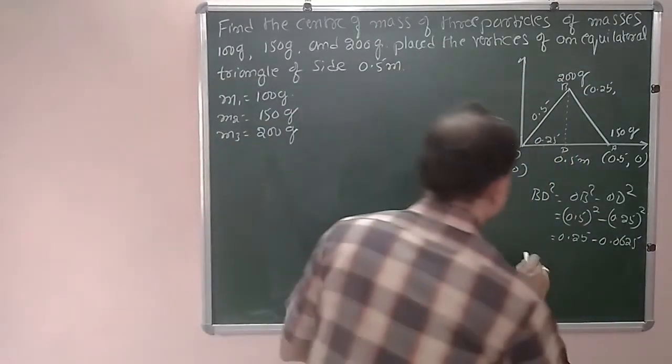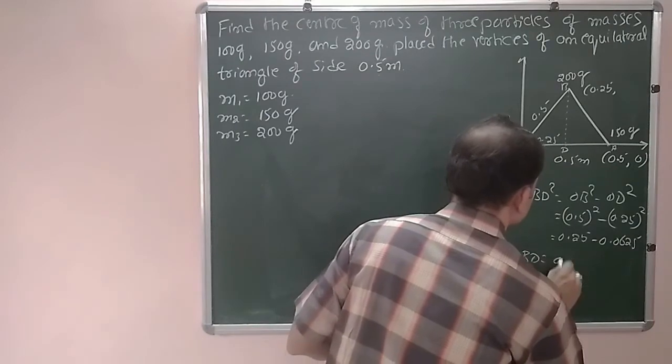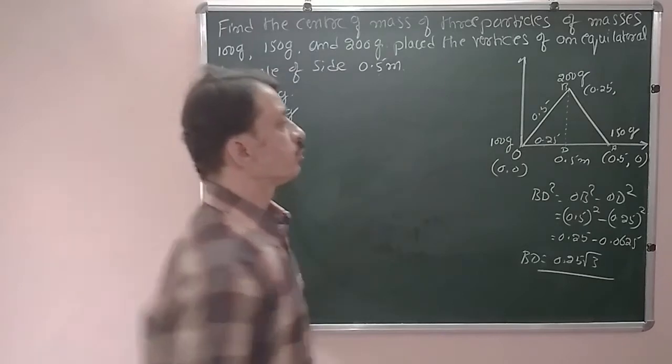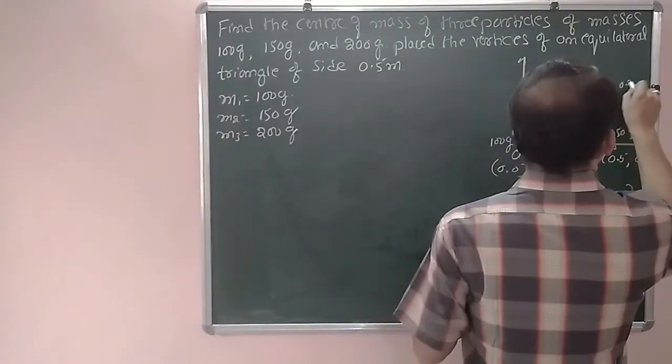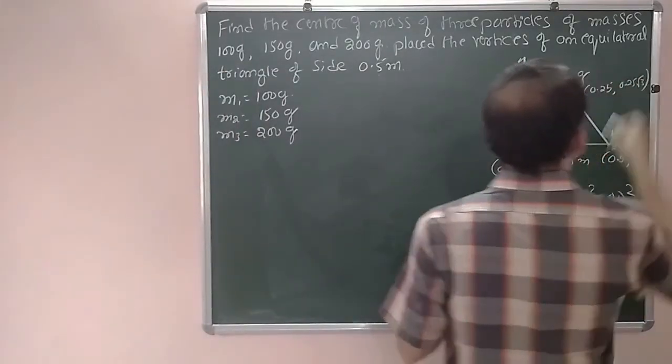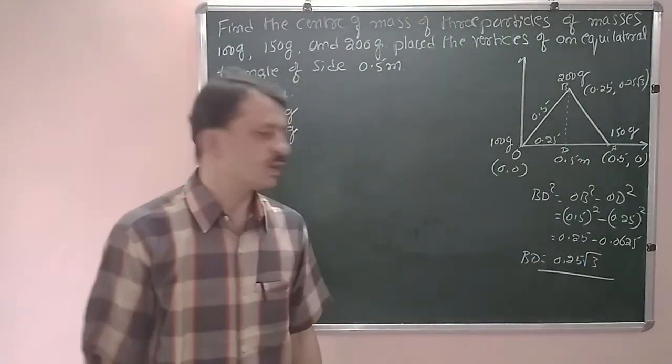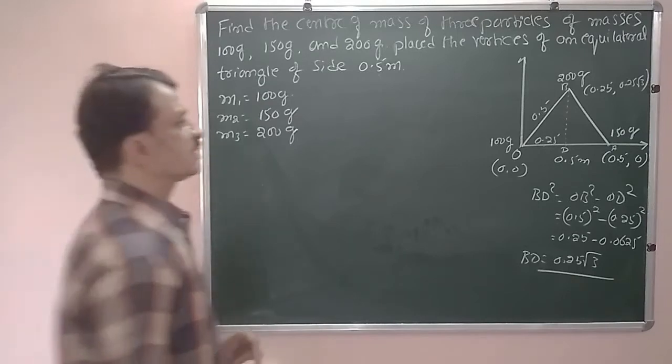Simplifying, we get BD length equal to 0.25 into root 3. Therefore, these coordinates are 0.25 and y coordinate 0.25 root 3.